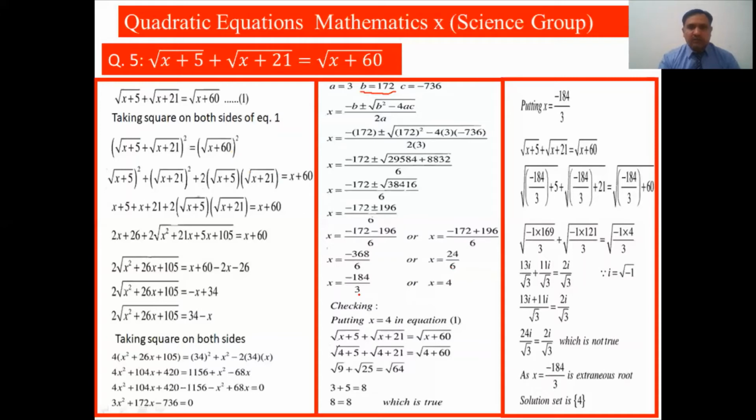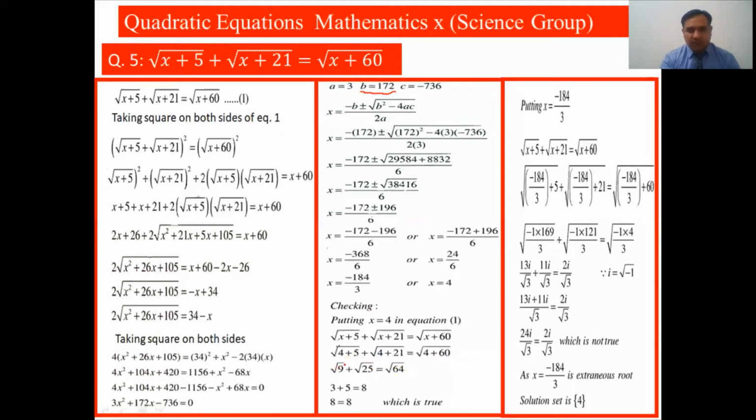So now we have to check whether these solutions satisfy the given radical equation or not. So checking, put x is equal to 4 in equation 1. When we put this x is equal to 4 in the given equation 1, we have 4 plus 5 square root of 4 plus 21, and this is equal to 4 plus 64. So this is 9, this is square root of 25, and this is 64.